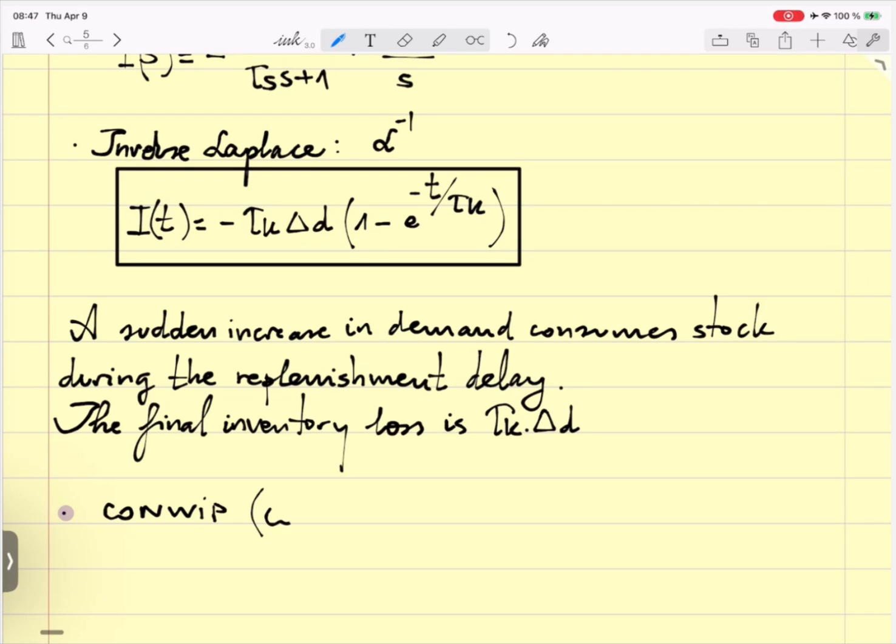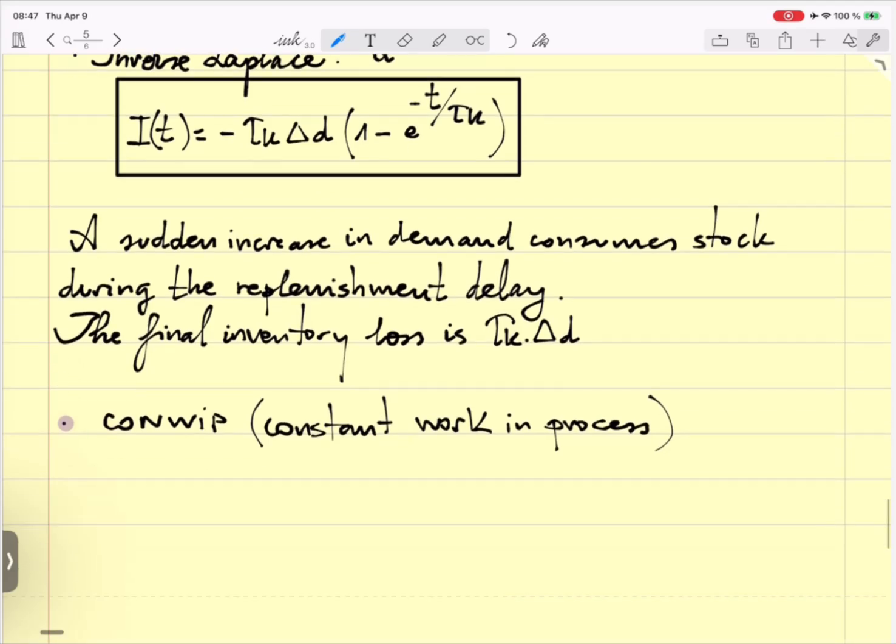It's called constant work in progress, or work in process. This way of acting is conceptually a little bit different. Okay, this push-pull concept.